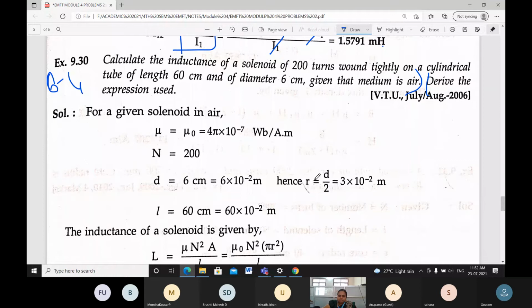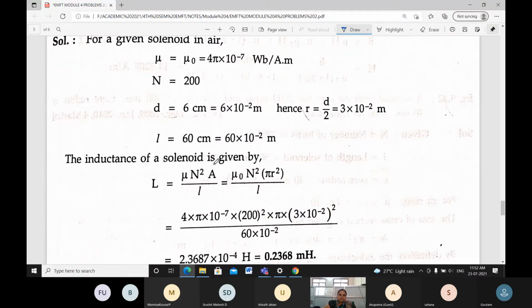Hence, what is r going to be in this case? From the diameter, I can know what is r. Radius is going to be diameter by 2. Therefore, you will be getting 3 centimeter. Then, inductance of solenoid, we know the equation, that is L is going to be mu times n square A divided by l. I can write area is pi r square again in this case also.